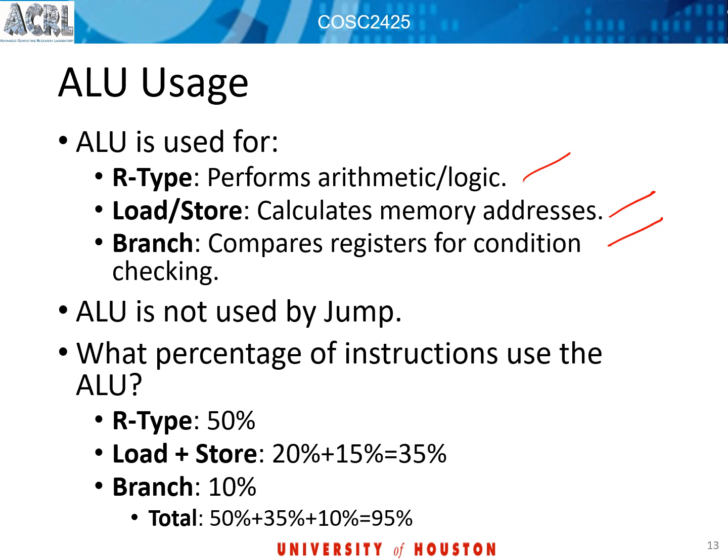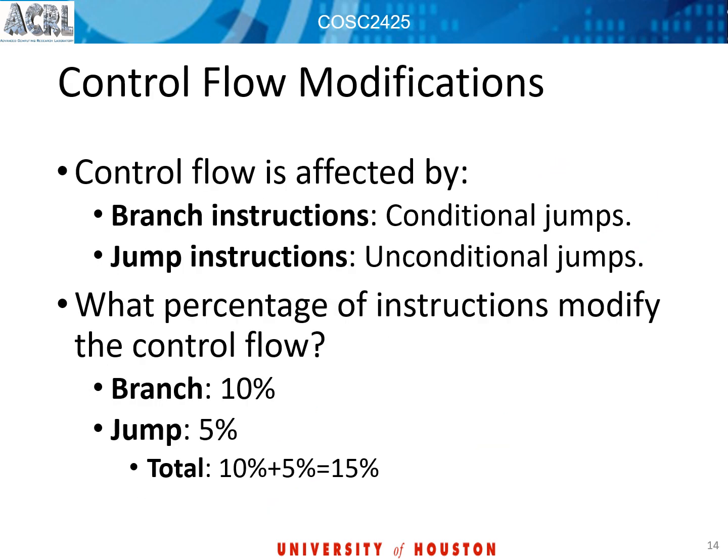So given this particular distribution, R-type is 50%, load and store is 35%, which we computed earlier, and conditional branches are 15%. For the control flow, only branching instructions use it, so 10% from the conditional branch and 5% from the unconditional branch.